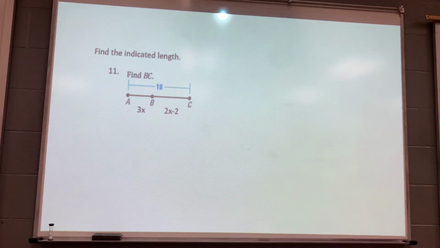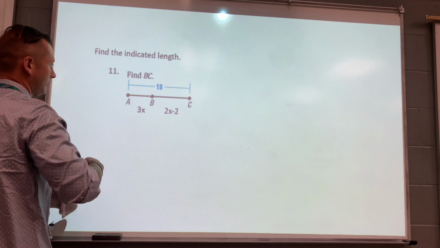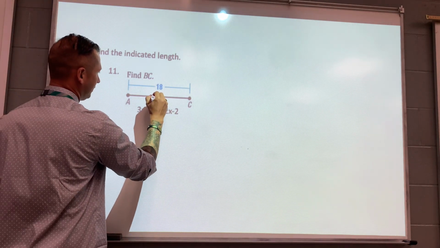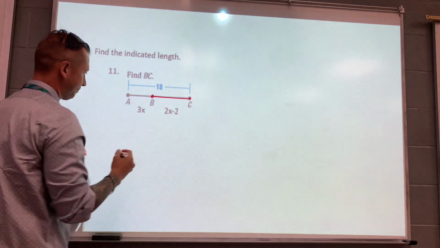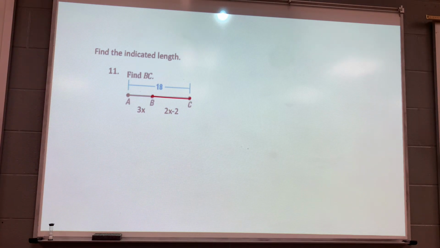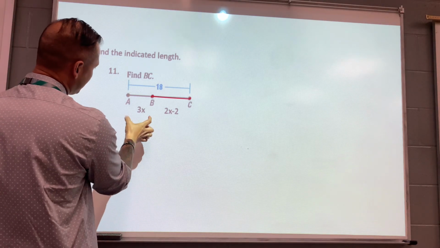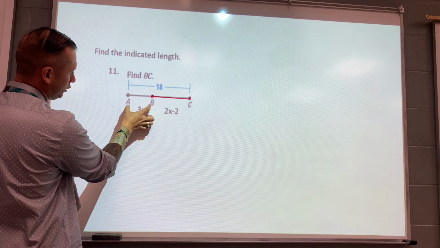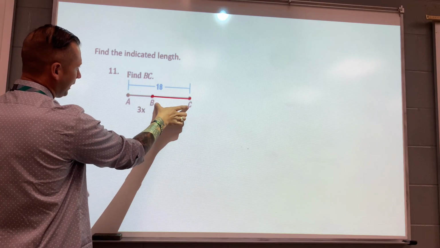All right, find BC. BC is this segment right here. All right, this is classic postulate stuff, right? We have two things being added together, and it equals the whole.